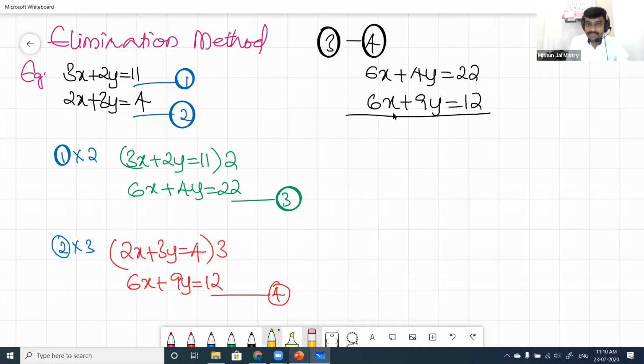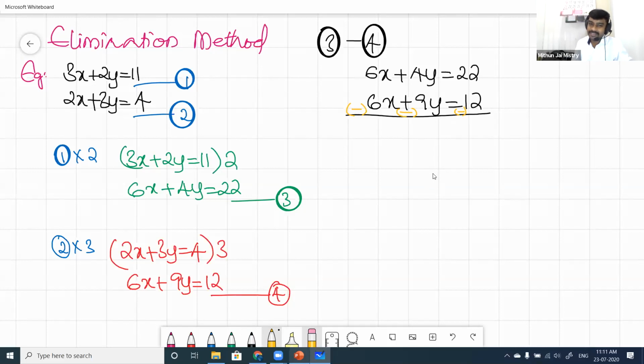Now when you are subtracting, the symbols of the second equation will change, and the changed symbols you have to put in brackets. That shows the respect which you are giving. The symbols will not change if you are adding. If you subtract, only the symbols of the second equation will change.